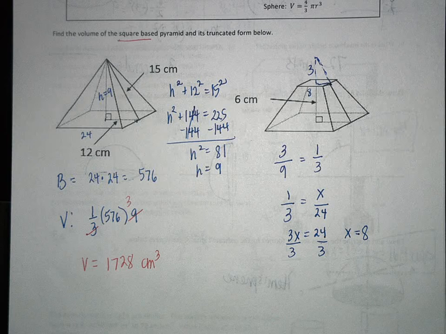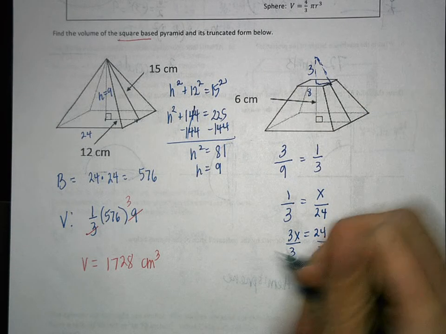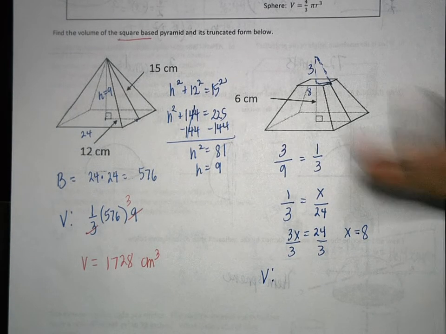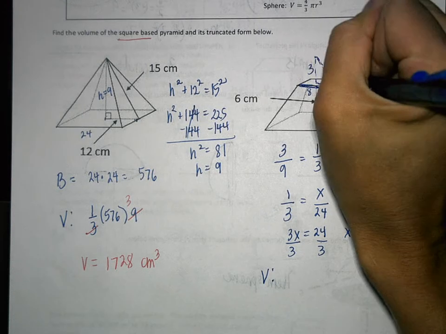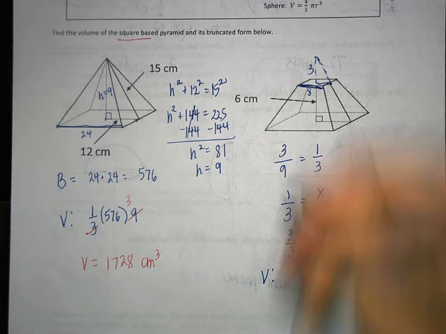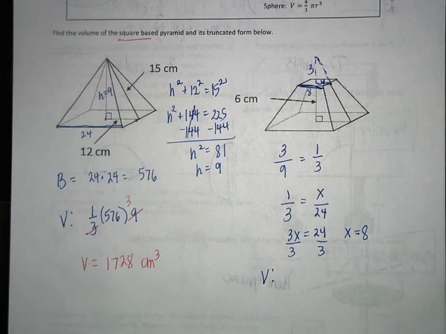So what do I do in order to find the volume of that small pyramid? 8 is this whole side right here, because you know how I did the whole 24? So the side of the top, this little triangle, is really a 4, but each side is 4 and 4. Are we still confused? Yeah, so how would I find the volume? We have to start with the base area of that small pyramid at the top.